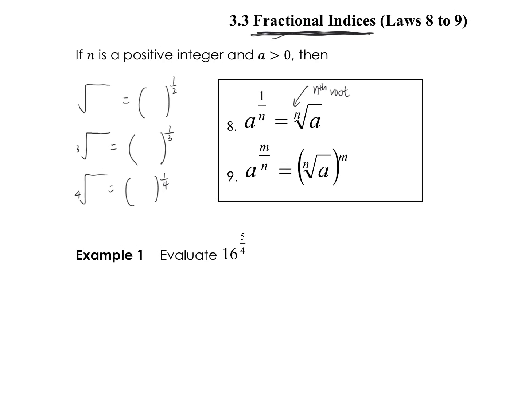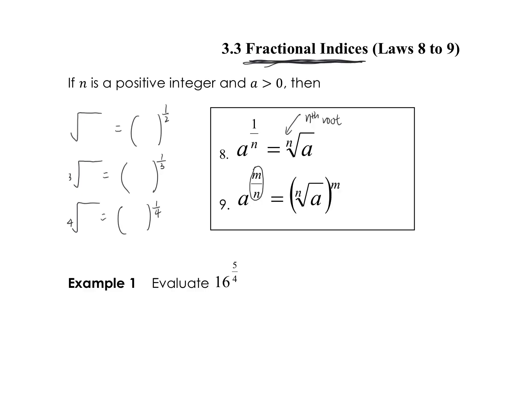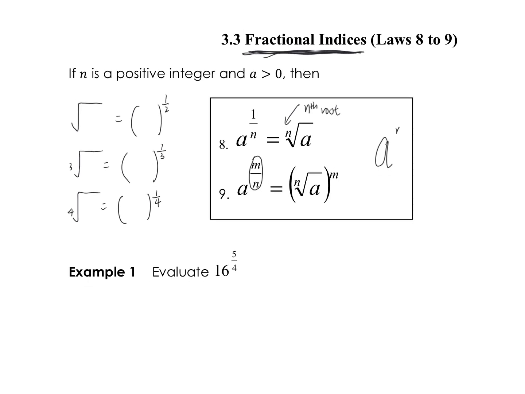And if you ever see a fraction where the numerator is not 1, you can always make it 1 by separating them as 1/n times m. So it's as good as telling me that this is the nth root of a, and then you subject it to power m. So it's just a different way of solving the problem.